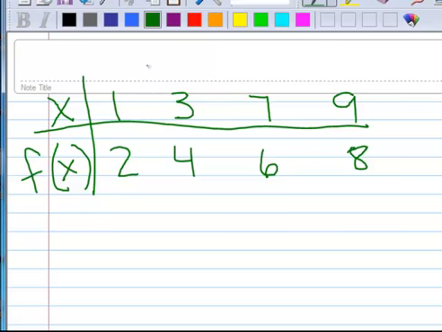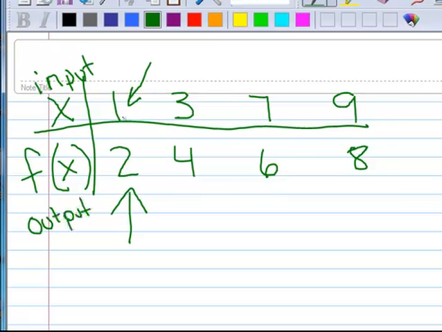Well, a function means if I put in some input, and that's what our x is, the input, then I must get out an output that is unique to this input. So f of x is our output.